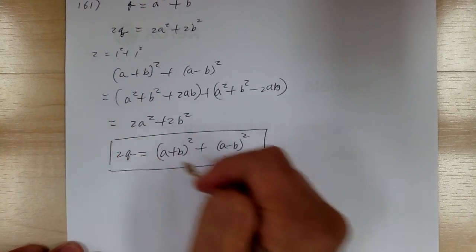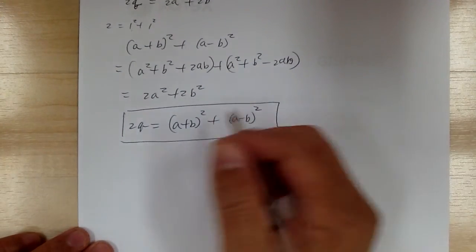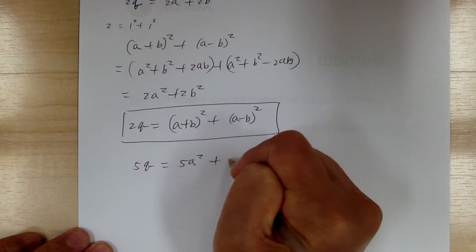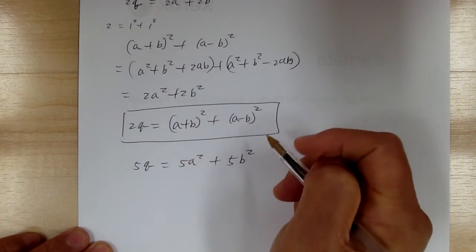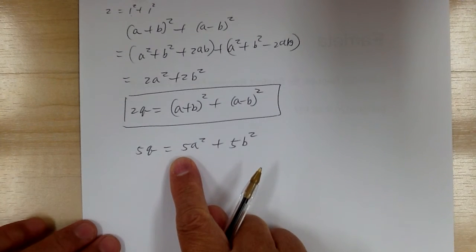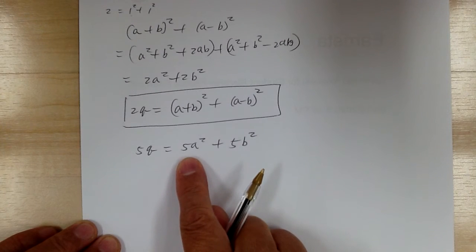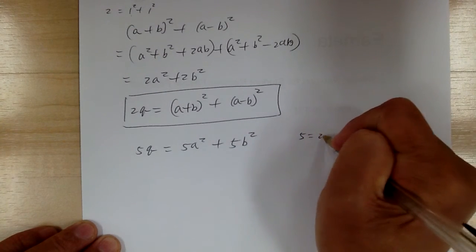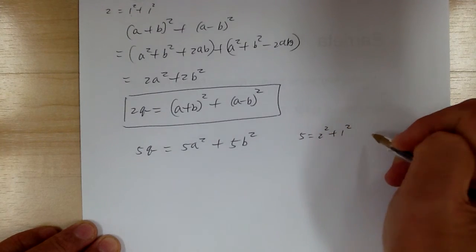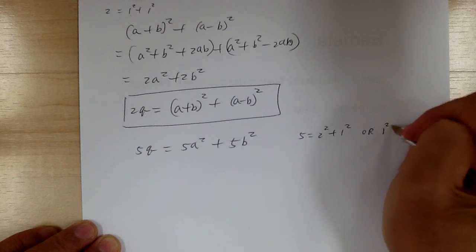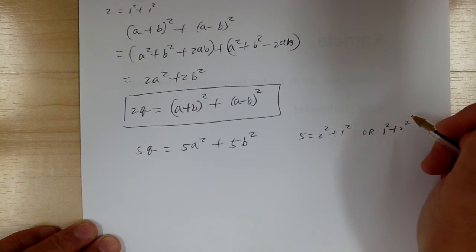And you're going to use the same technique for the 5. So 5q will equal 5a squared plus 5b squared. So you have to think, okay, now what sum of two squares gives you 5? Well, realize that 5 equals 2 squared plus 1 squared, or if you switch the coefficients, you get 1 squared plus 2 squared.